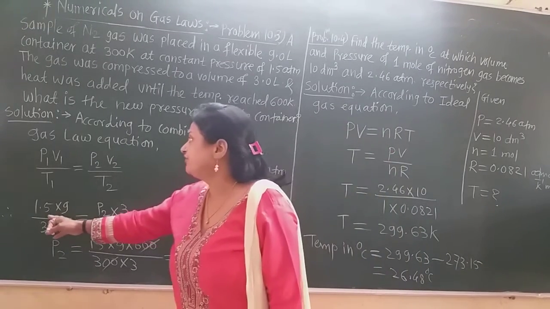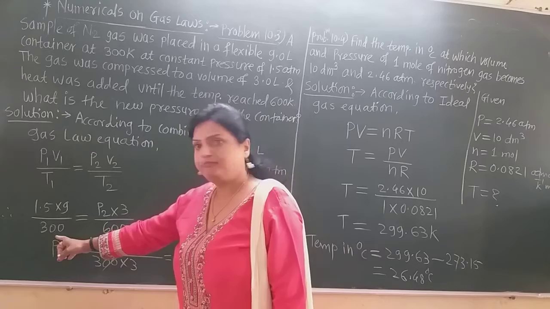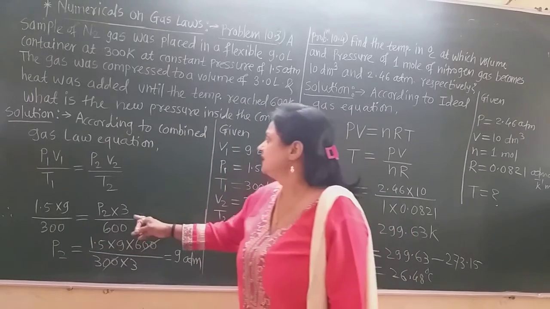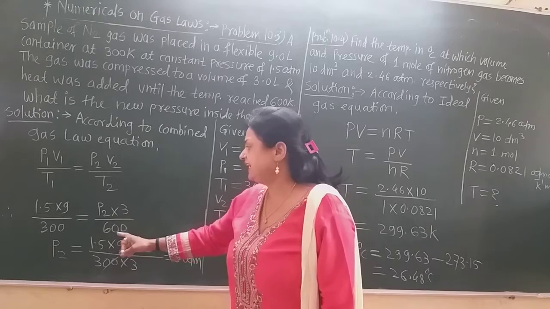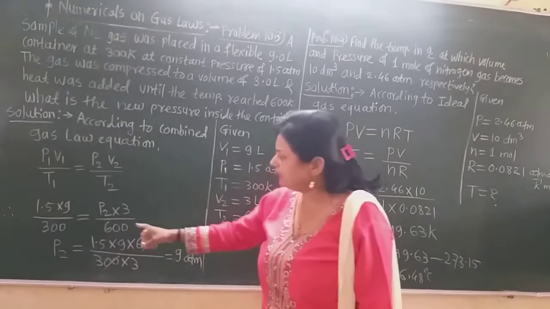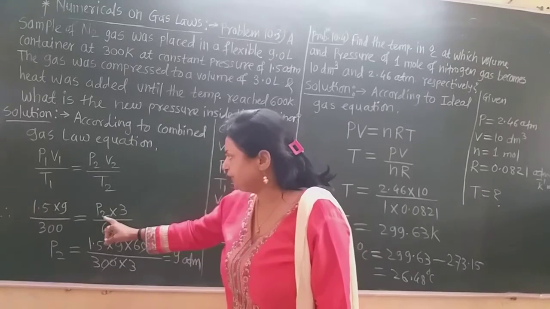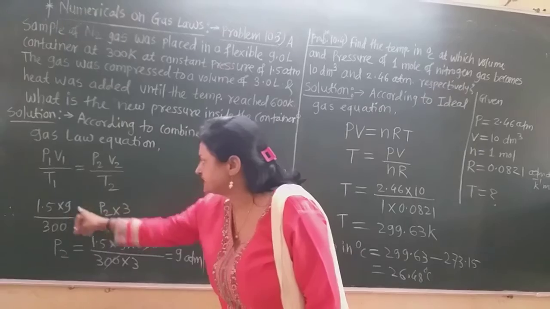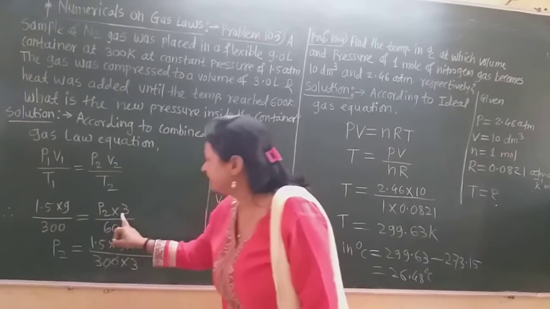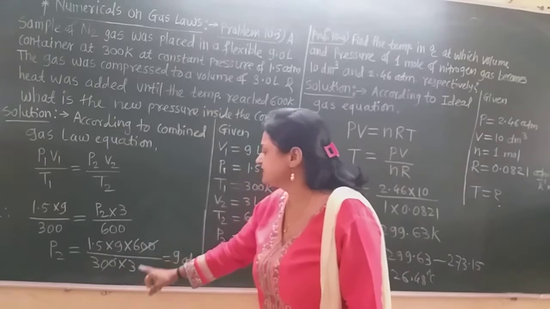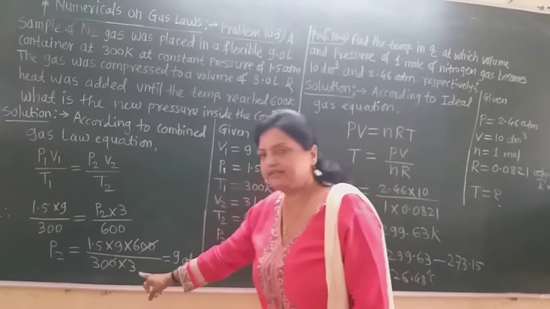P1 is 1.5, V1 is 9, T1 is 300, V2 is 3 liter and temperature T2 is 600. So P2 is equal to 1.5 into 9 into 600 divided by 300 into 3.